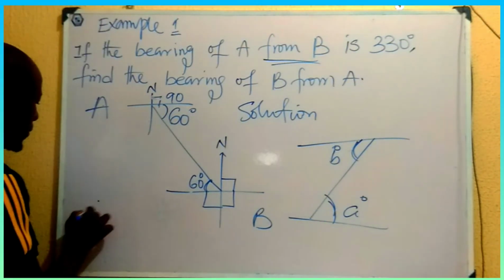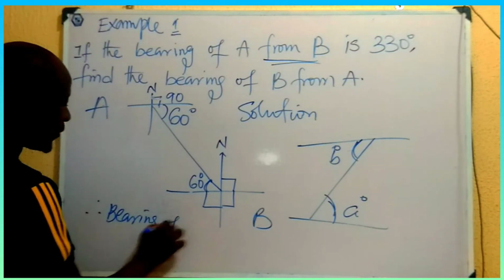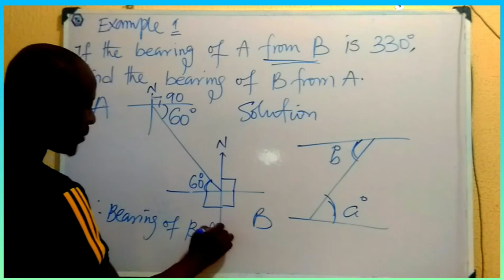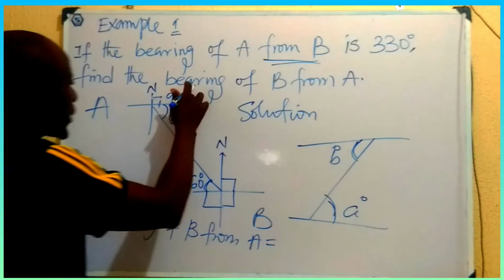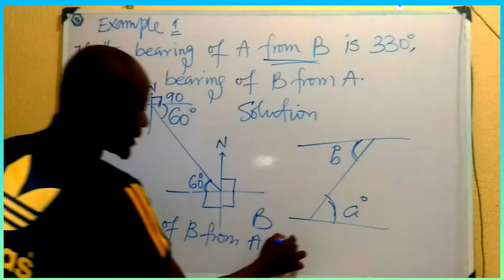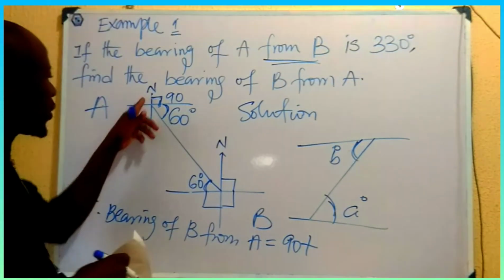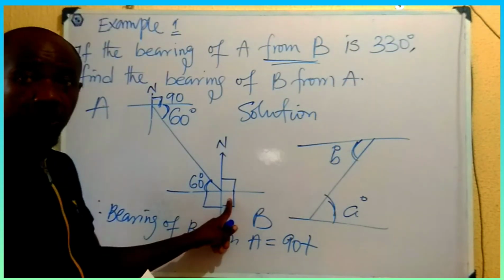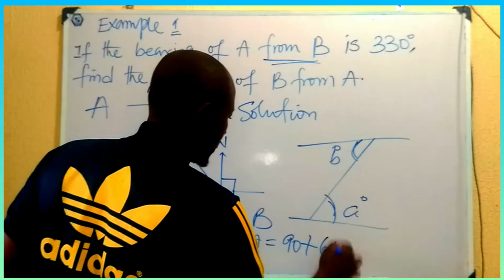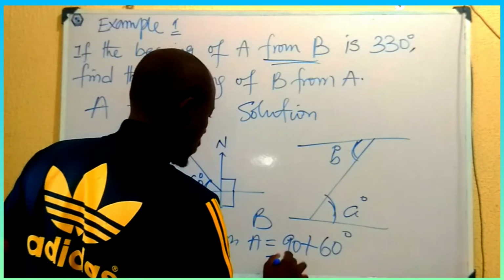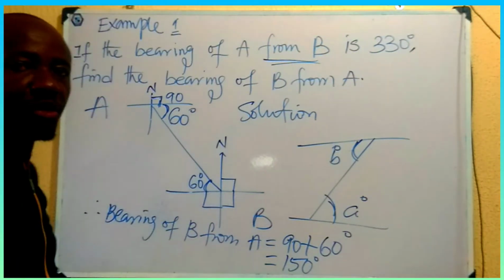So therefore, bearing of B from A is equal to this angle 90 plus this one. You cannot exceed this line because this is the line that will take you back towards B. So you stop at this. So plus what? 60 will give us what? 150 degrees.